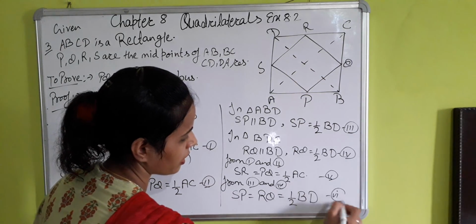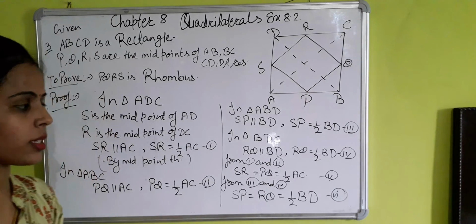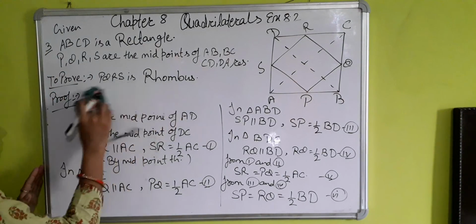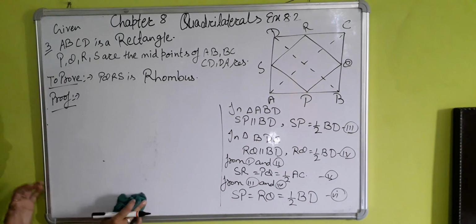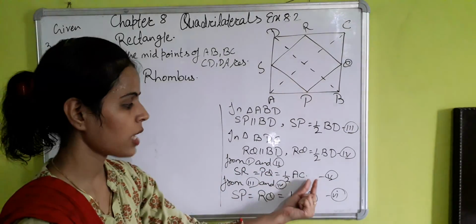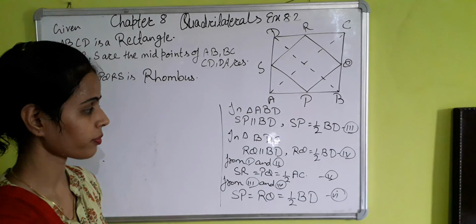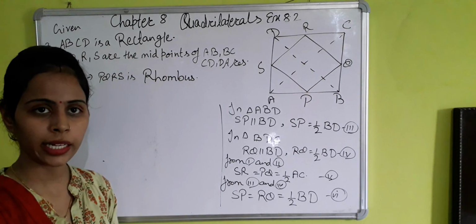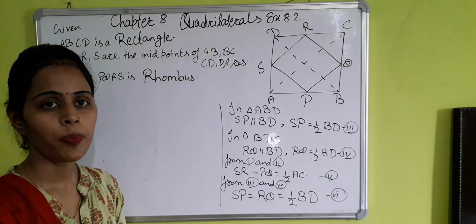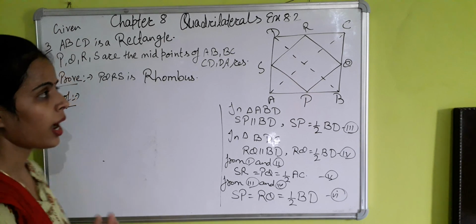Now take equation 5th and equation 6th. SR is equal to PQ is half of AC. Given that ABCD is a rectangle, and we know that diagonals of a rectangle are equal.